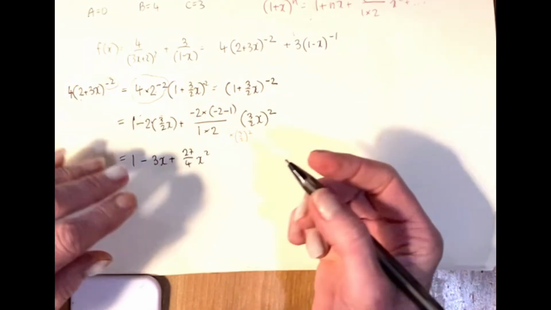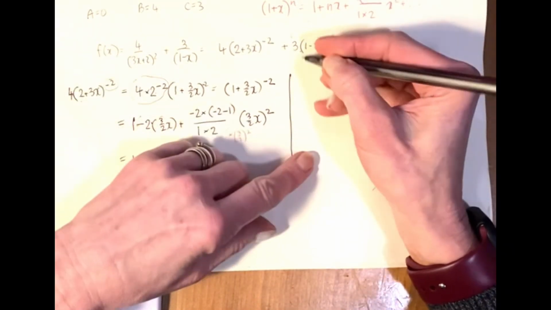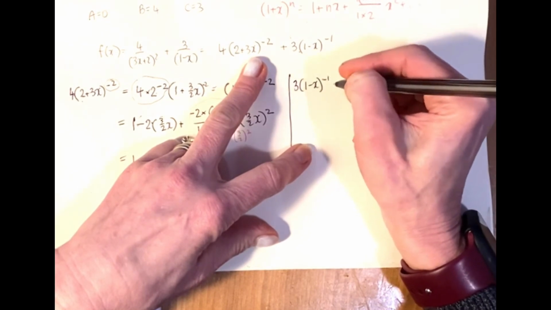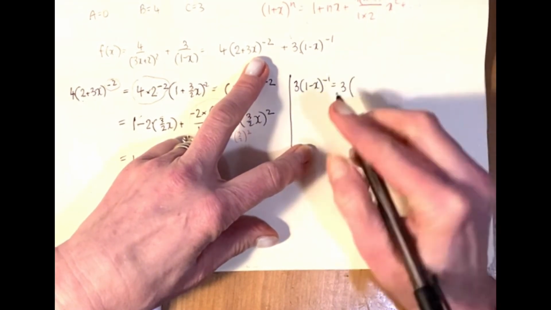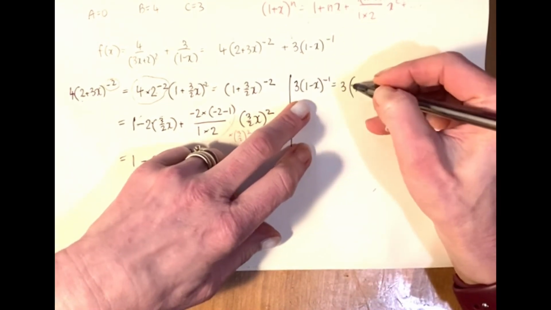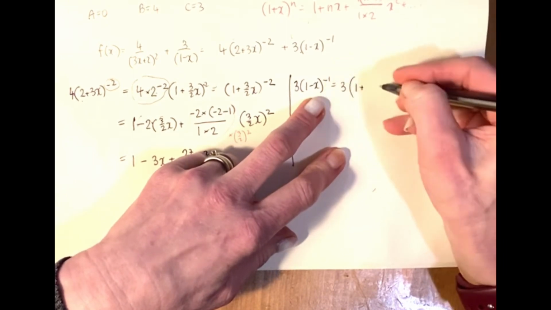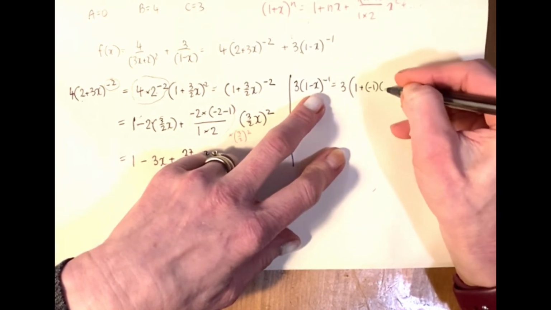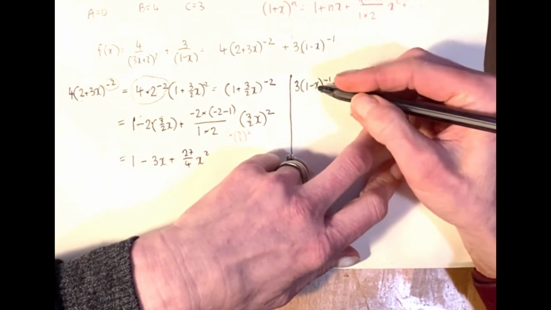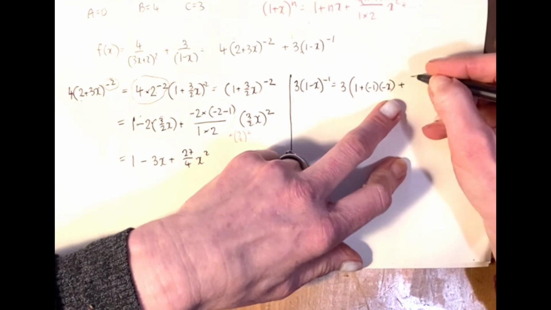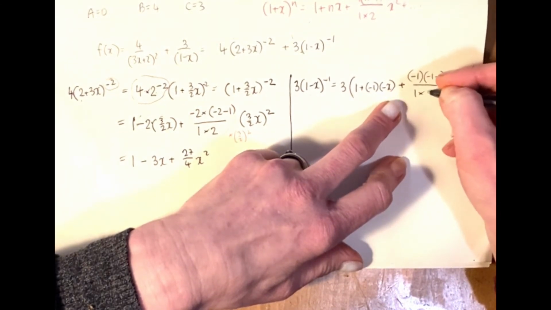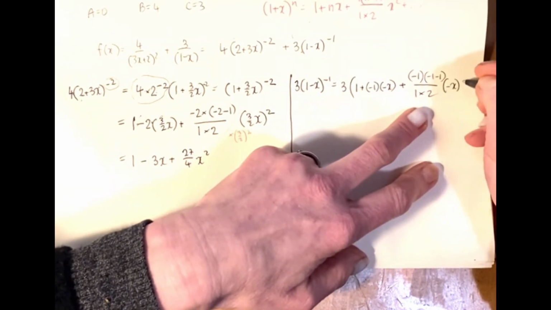So now we're going to do the second expansion. We need to find what 3 multiplied by (1 minus x) to the power minus 1 is. So it's 3 times 1. Then you've got plus n times x, so it's minus 1 times minus x, plus minus 1 minus 1 over 1 times 2, and then minus x squared.